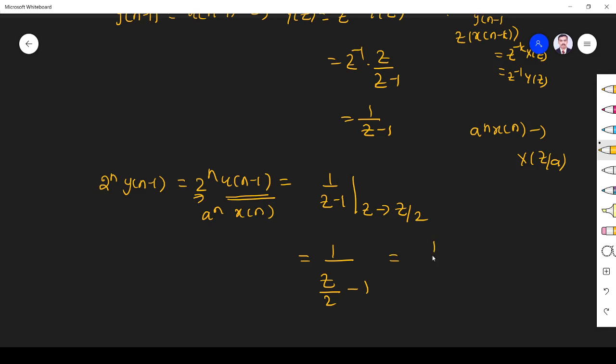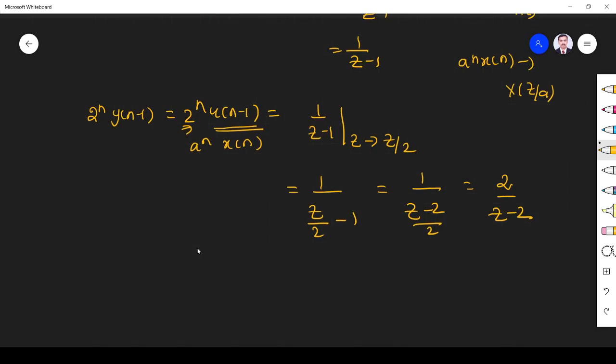So it is 1 by z minus 2 divided by 2, that is equal to 2 by z minus 2. So what is the answer? The transform of 2 power n u of n minus 1 is 2 by z minus 2.